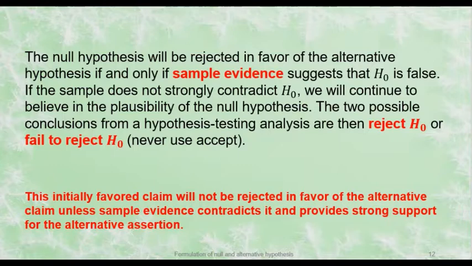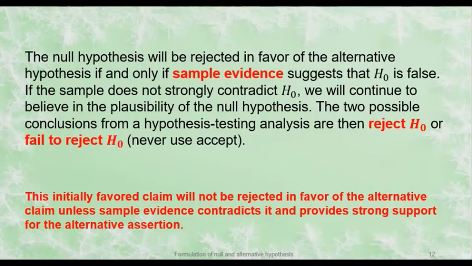The null hypothesis will be rejected in favor of the alternative hypothesis if and only if sample evidence suggests that H0 is false. Remember, we should be more supportive of H0. It means that if the sample does not strongly contradict H0, we will continue to believe in the plausibility of the null hypothesis.